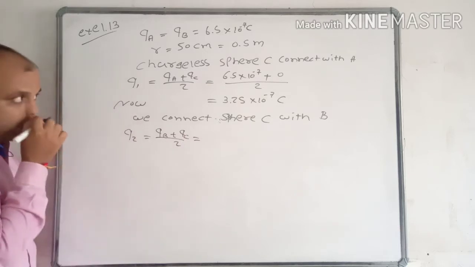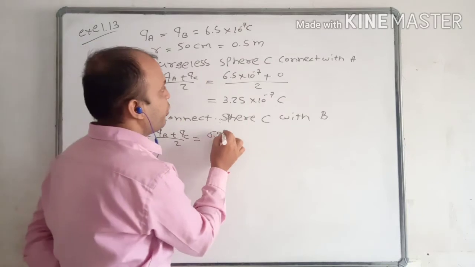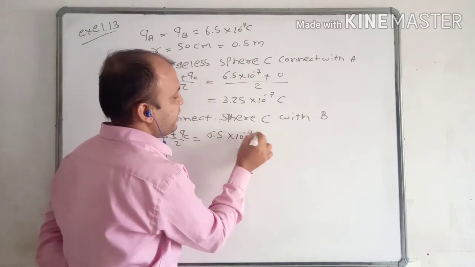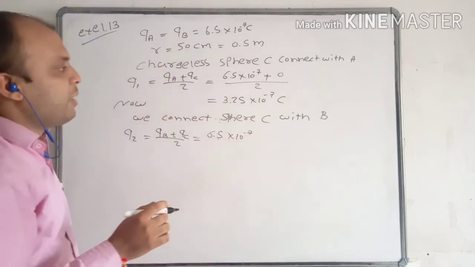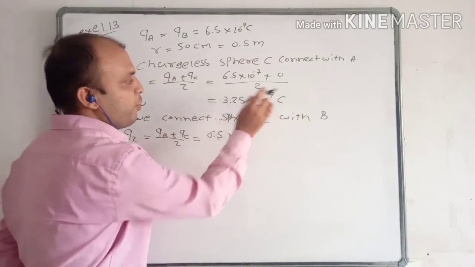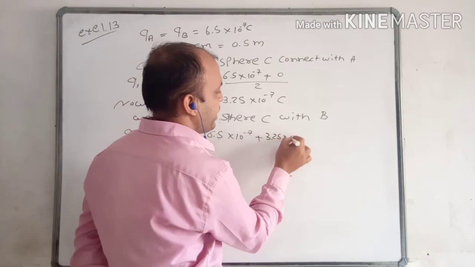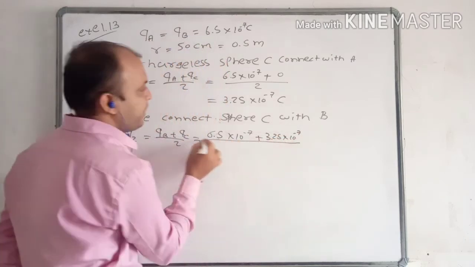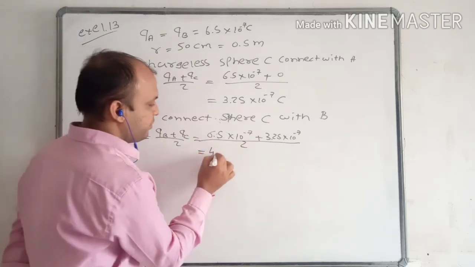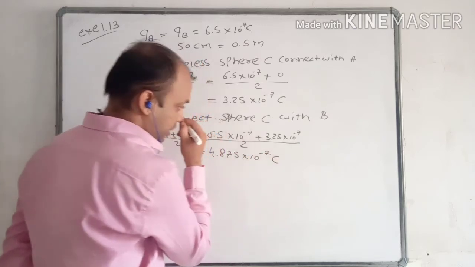So here QB is the same, 6.5 into 10 raised to minus 7. But remember, now C is not chargeless. It has some charge, that is 3.25 into 10 raised to minus 7. So plus 3.25 into 10 raised to minus 7 divided by 2. So it will give you a charge of 4.875 into 10 raised to minus 7 coulomb.